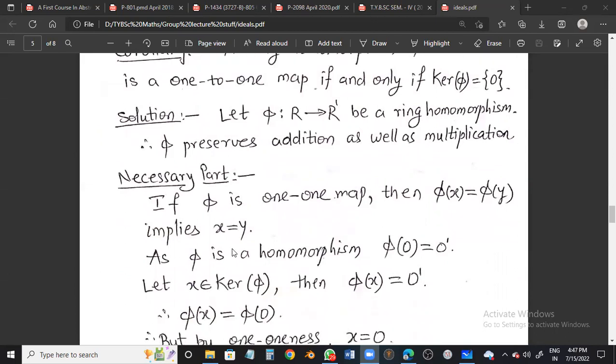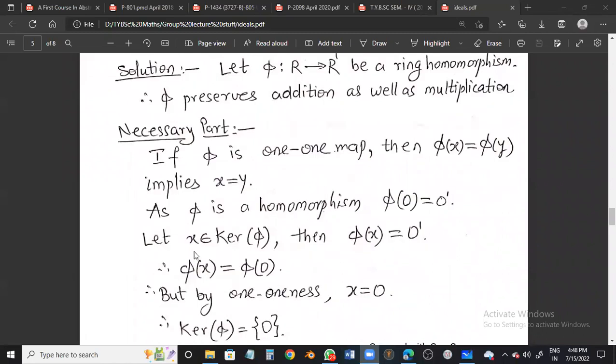Now what I want to show is that the kernel is singleton 0. So I am interested in the kernel of phi. Before going ahead, one more property of homomorphism we are highlighting. What is that property? Phi of 0 is 0 dash. The 0 of the domain is mapped to the 0 of the image.